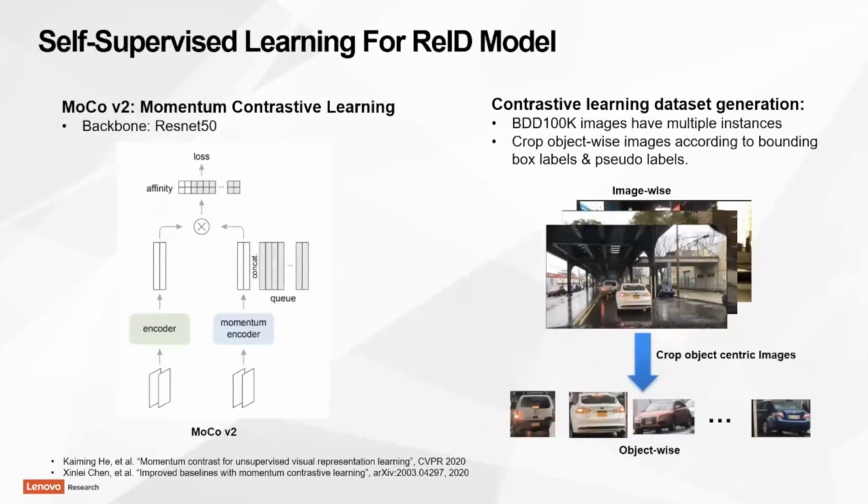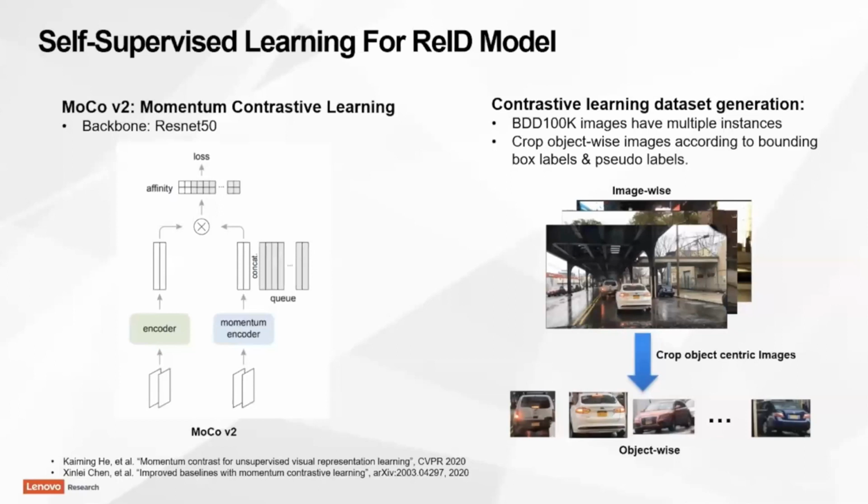For the BDD100K dataset, we finally choose MoCo V2 as our ReID model after performance comparison between SimCLR V2 and MoCo V2. We crop the object-wise images from the raw images according to the bounding box labels from the MOT dataset.